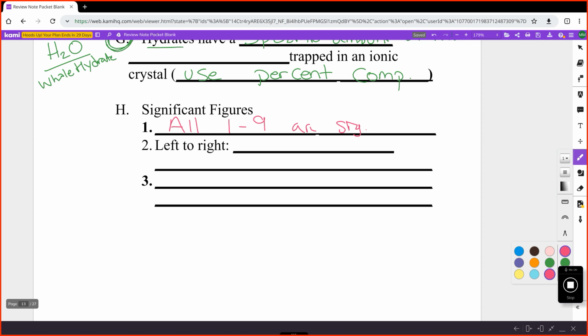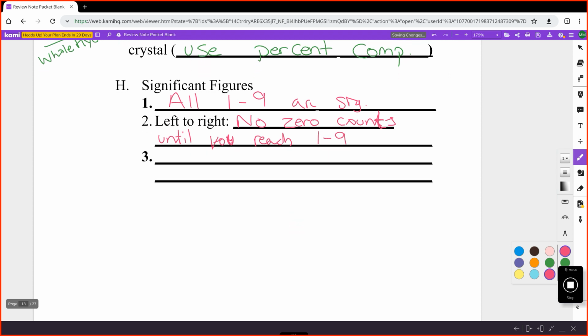When we read a number from left to right, no zero counts until you reach 1 through 9. So what I mean by that is the number 7, one significant figure. 7.3, two significant figures.